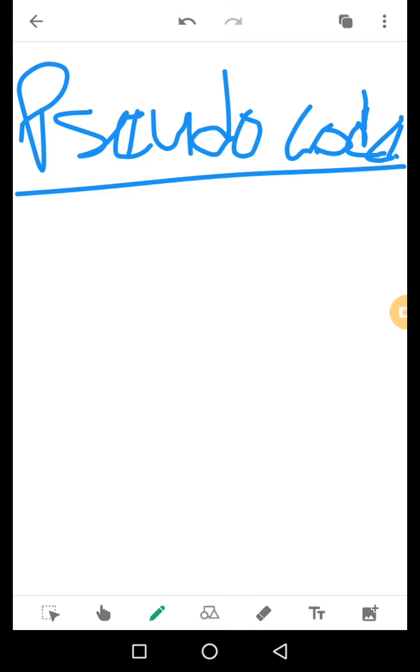Then you check for balance. If the pseudocode you have written is hard for a person to read or difficult to translate, then you know that something has been wrong.